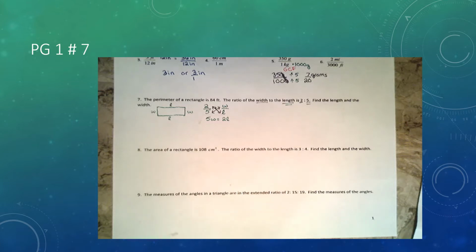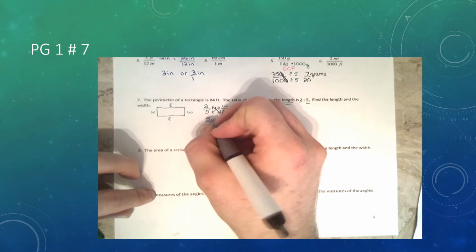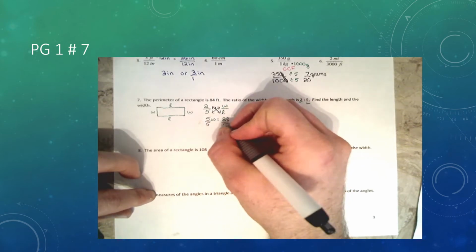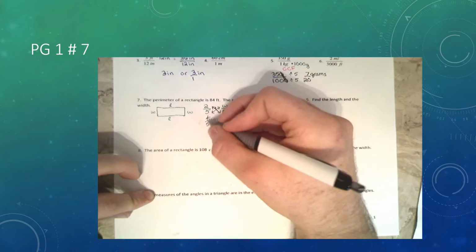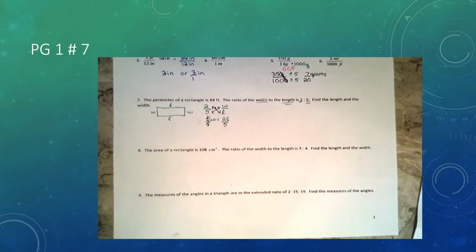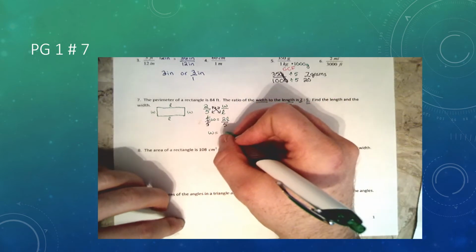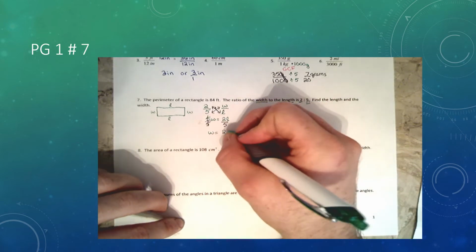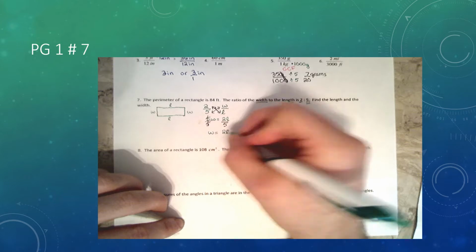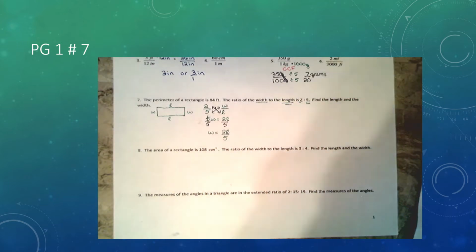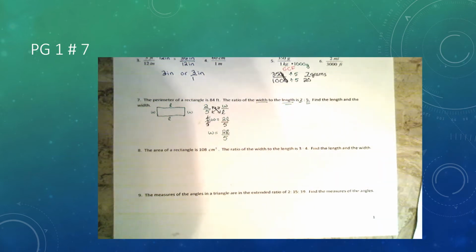I'm going to try to get the width by itself, so I'm going to divide each side by 5 so that it cancels out over here. So my width is now equal to 2L over 5. So 2L over 5.